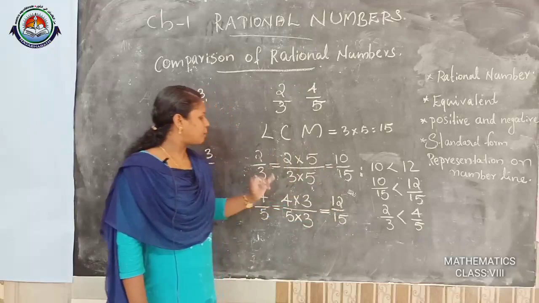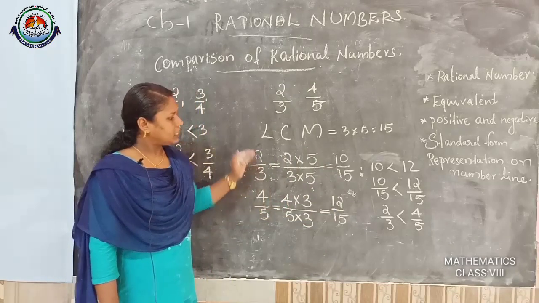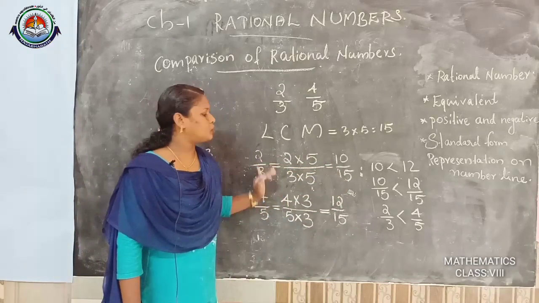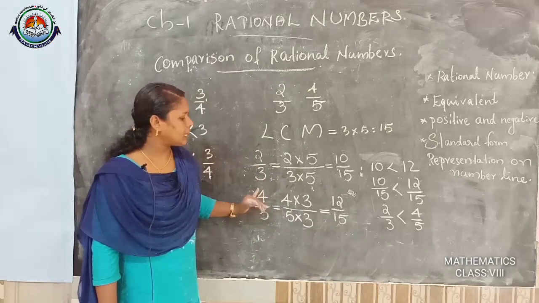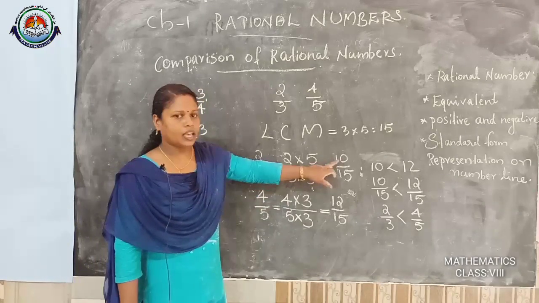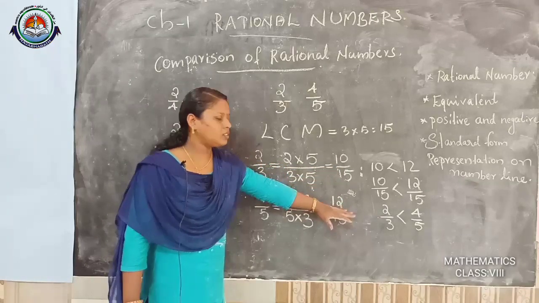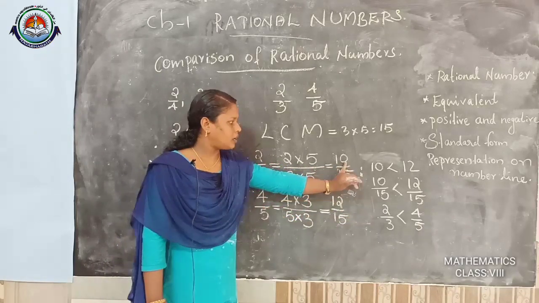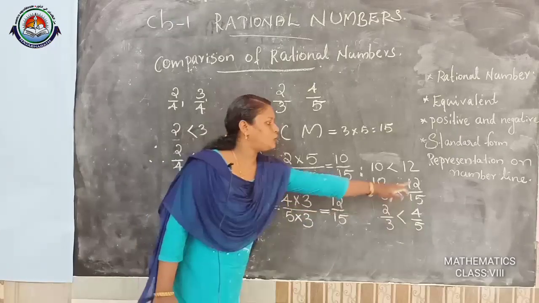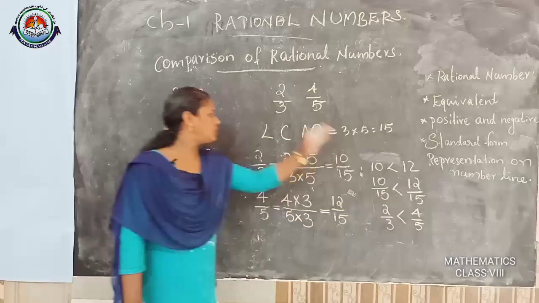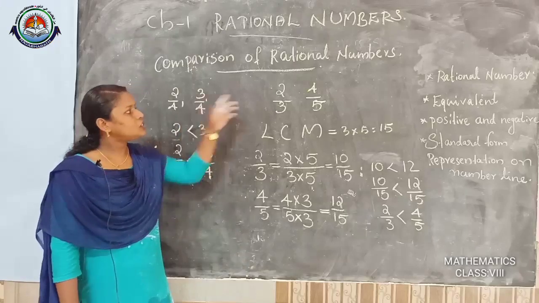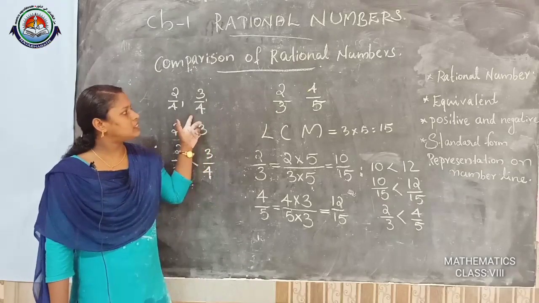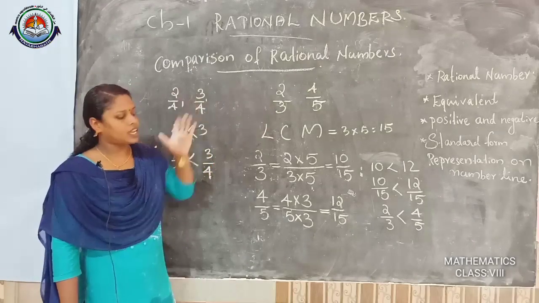So instead of comparing 2 by 3 and 4 by 5, we compared 10 by 15 and 12 by 15. So 10 by 15 is less than 12 by 15. Therefore, 2 by 3 is less than 4 by 5. In these two cases, we discussed the positive rational numbers.